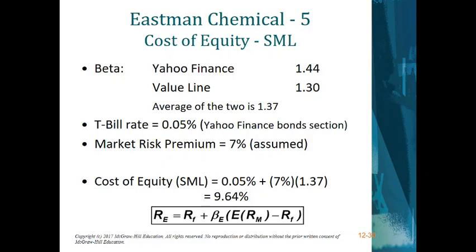So you have a couple of different betas. What you could do is ignore one and use the other, or you could just average them out. Your risk-free rate is going to be based upon your T-bill rate. Here, the T-bill rate is 0.05%. Market risk premium, as I indicated, the book is using an assumed market risk premium rate of 7%.